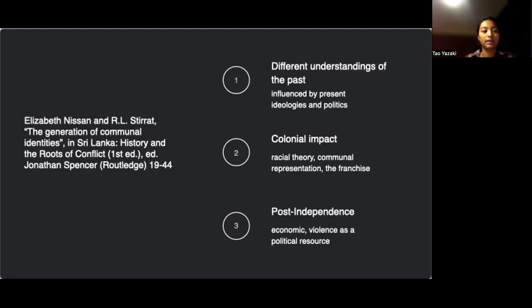It was more along religious lines or language divides rather than ethnic lines.